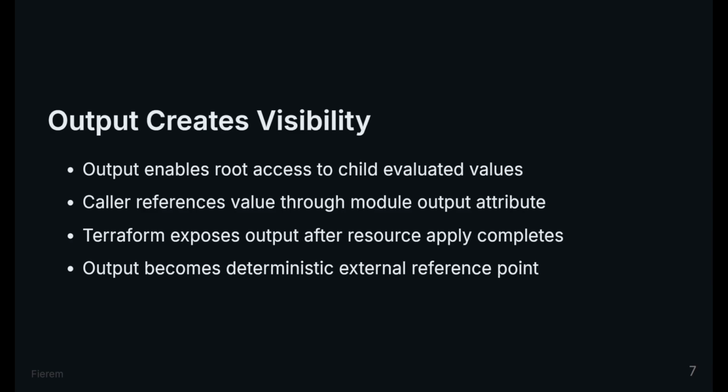If the child module later renames aws_vpc.main to another internal label, callers still work if output vpc_id continues to expose the same semantic value. That is why outputs are not cosmetic metadata. Outputs define what the module promises to the outside world.